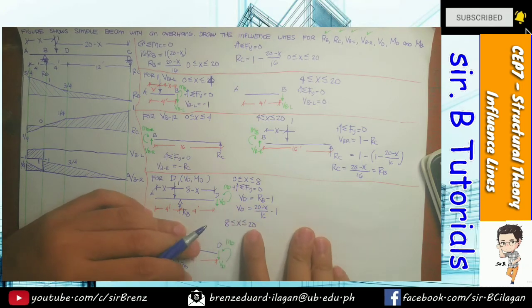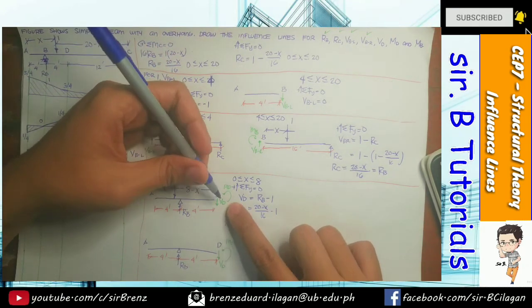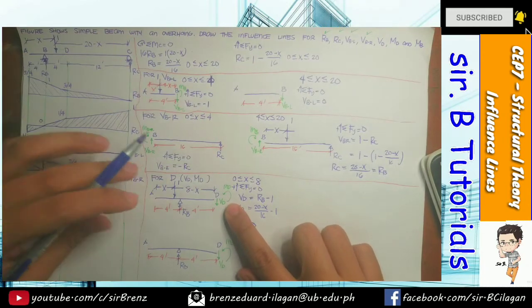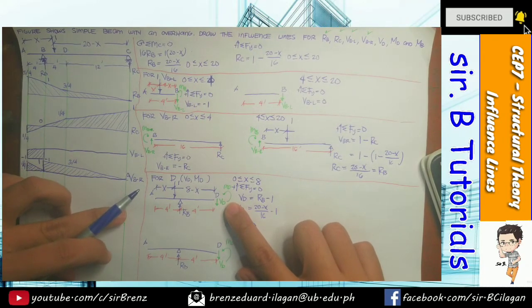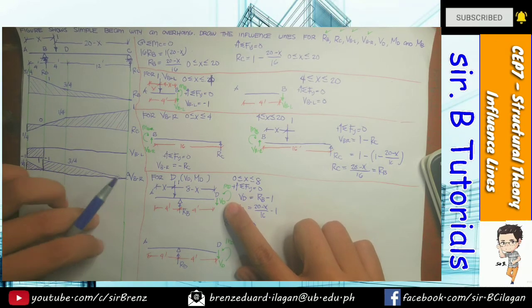So, tama. Okay. And then next, establish na rin natin yung equation for moment para dalawa yung makukuha natin. So, the influence line for D and the influence line for moment D. Yung shear at moment makukuha natin.